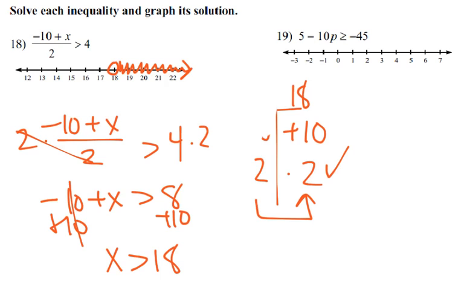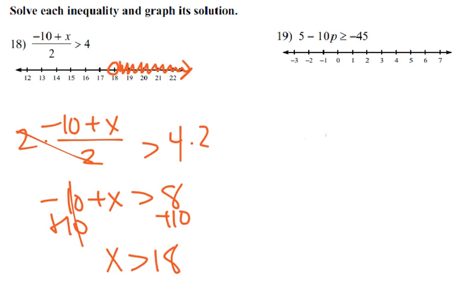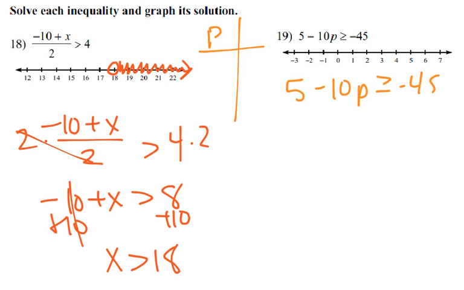Okay, 19, same idea. So 5 minus 10p is greater than or equal to negative 45. So if I knew what p was, first we'd be timesing by a negative 10, then we would be adding 5, right? So we go backwards, subtract 5 first.